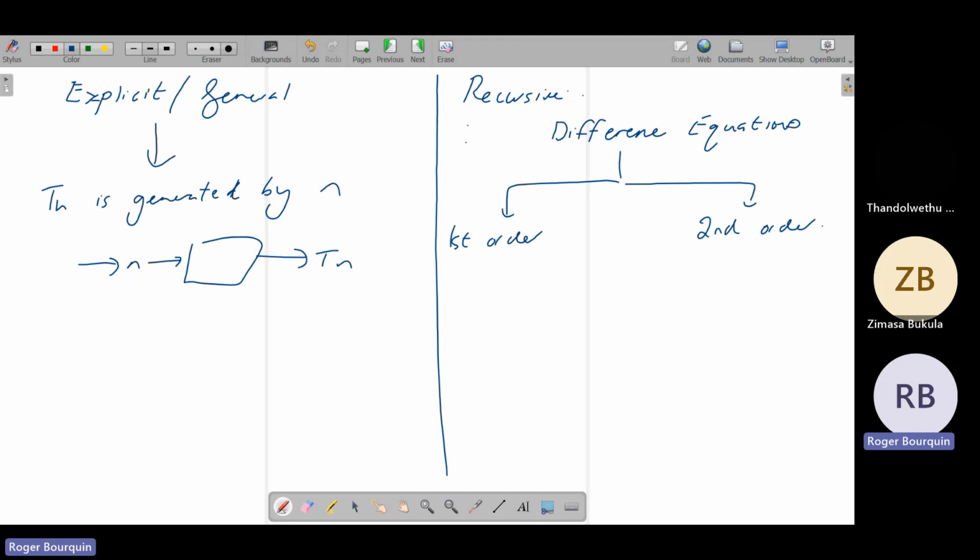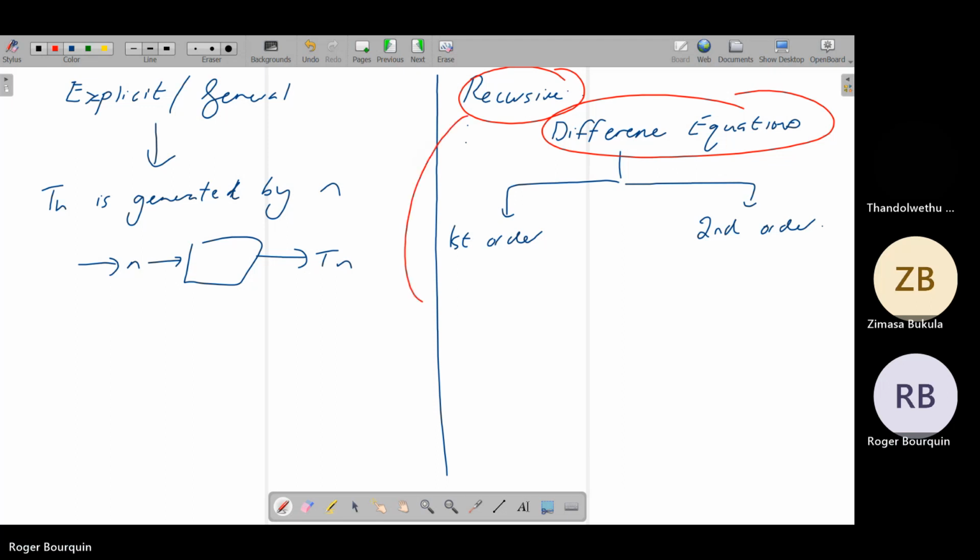Whereas a recursive model or a difference equation, just another name for the same thing, just like explicit and general are different names for the same thing. How do these work? Well, if it's a first order difference equation, you know Tn minus 1, and you put it into the formula, and what comes out is Tn.